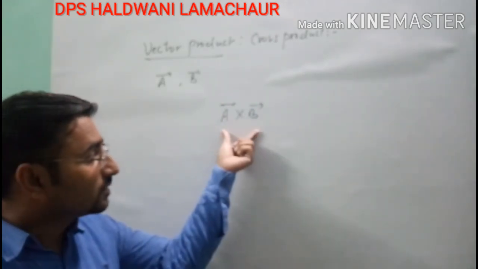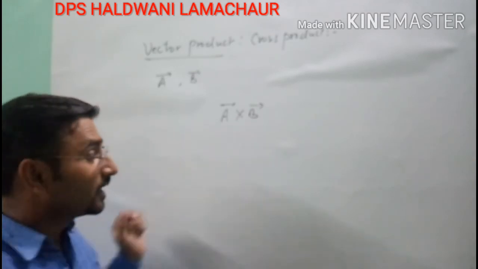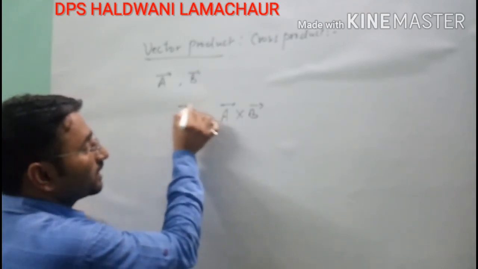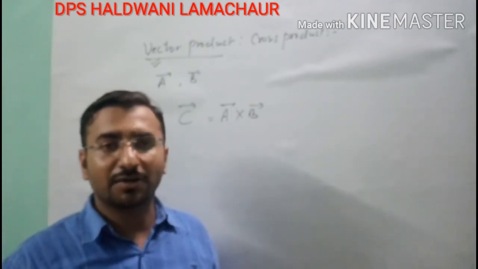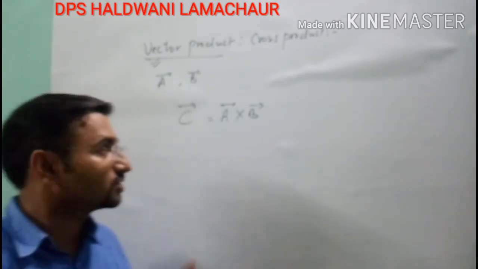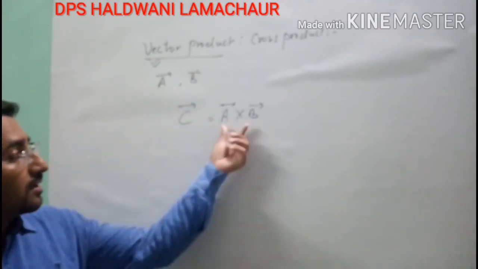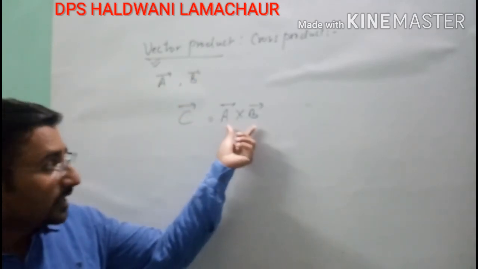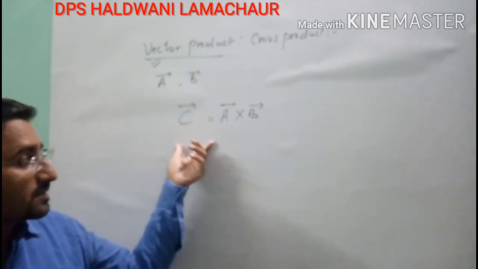When we do the cross product of two vectors, which is called the vector product, it is also a vector quantity, because here we are focusing on vector, which means direction. So, clear? The cross product of two vectors is also a vector, which is denoted by another vector, here C.